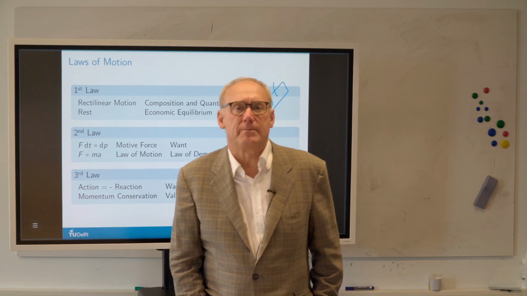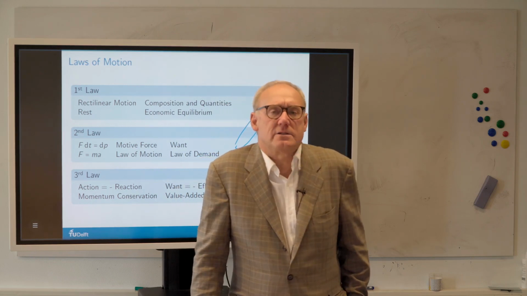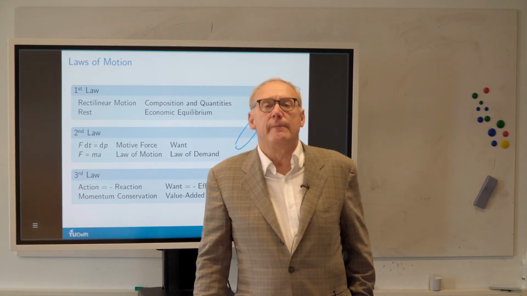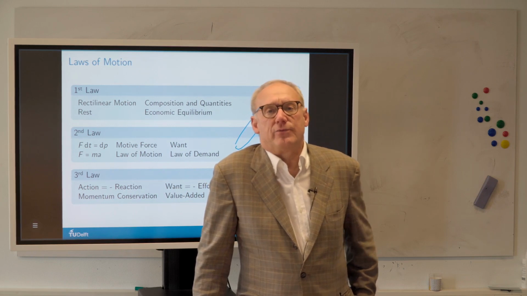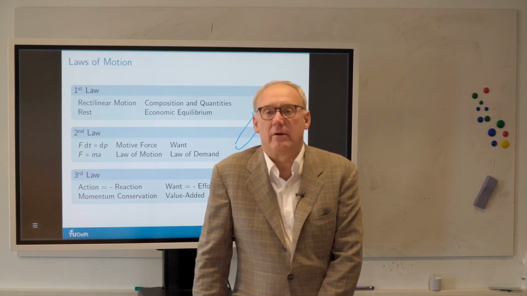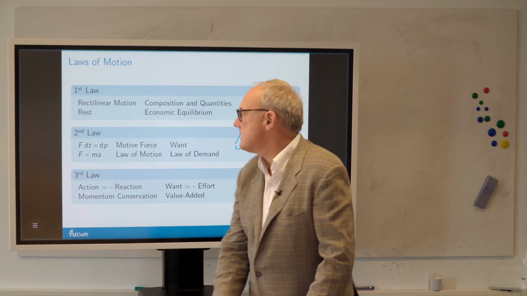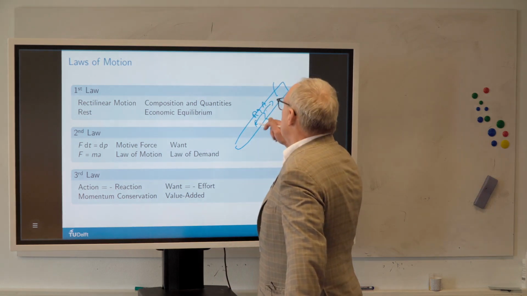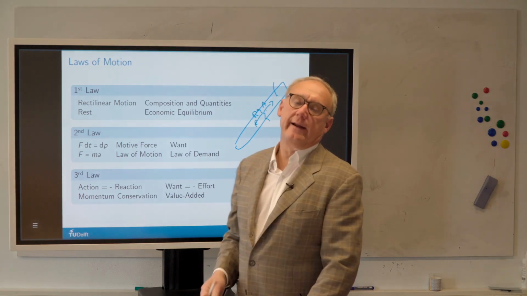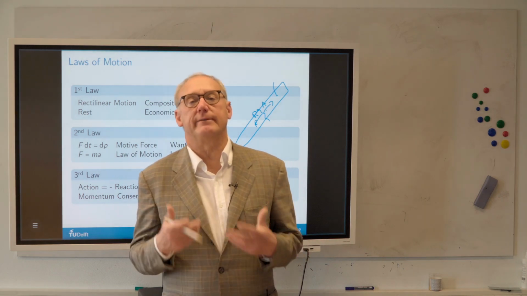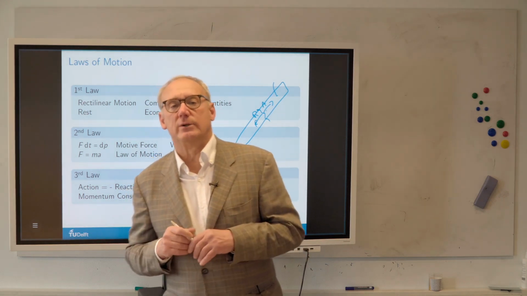Sometimes people think this is just another way of saying that in a free body diagram, all forces should add to zero. That's not quite true, but this is the way Newton set it up.